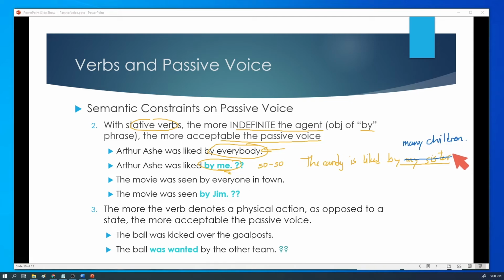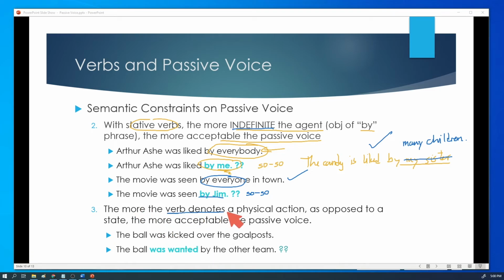This is not specific. This is indefinite. So that makes a much better passive voice sentence. The movie was seen by everyone in town. Much better. The movie was seen by Jim. Not good. It's better just to use the active voice and just say Jim saw the movie. That makes more sense.